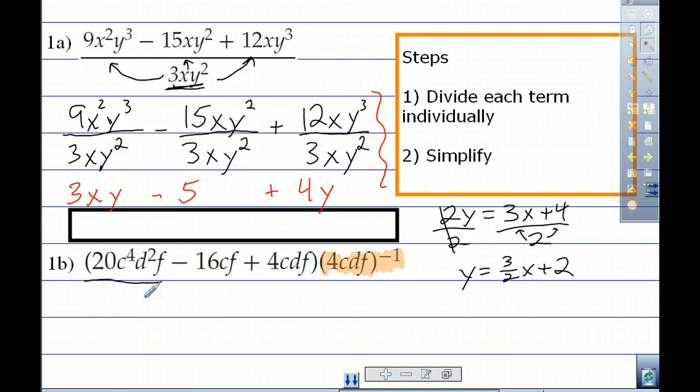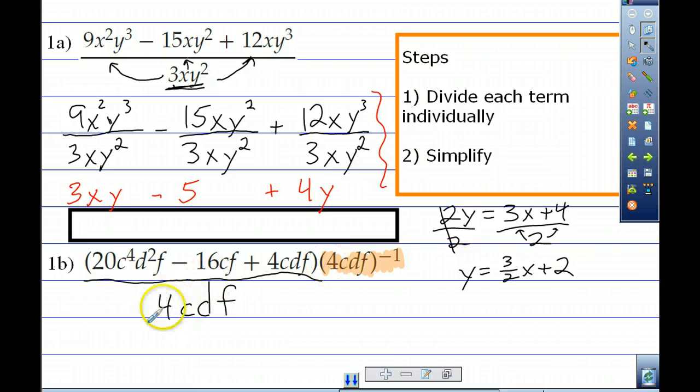So really all this means is divided by 4, C, D, F, all raised to the positive 1, which anything to the 1 power just stays the same. So in this case, it just means divided by 4CDF. And now it looks just like 1A up here, where we have to distribute 3 times. Not too bad. So don't let this fool you. Do take note how this -1 only applied to this set of parentheses, the one that's attached to it. Doesn't mean we moved anything over here at all.